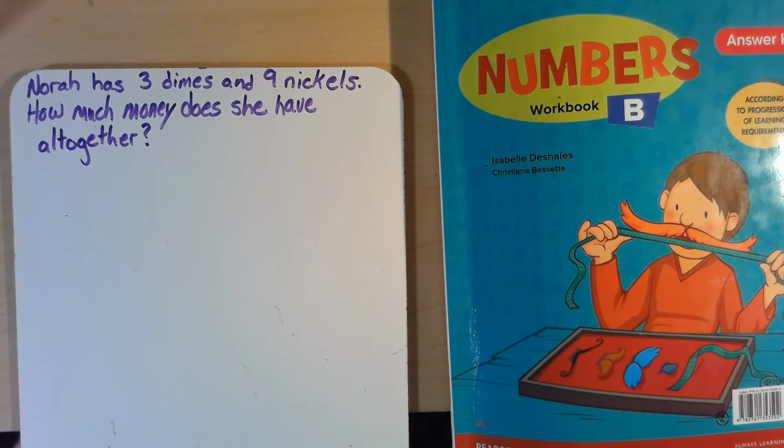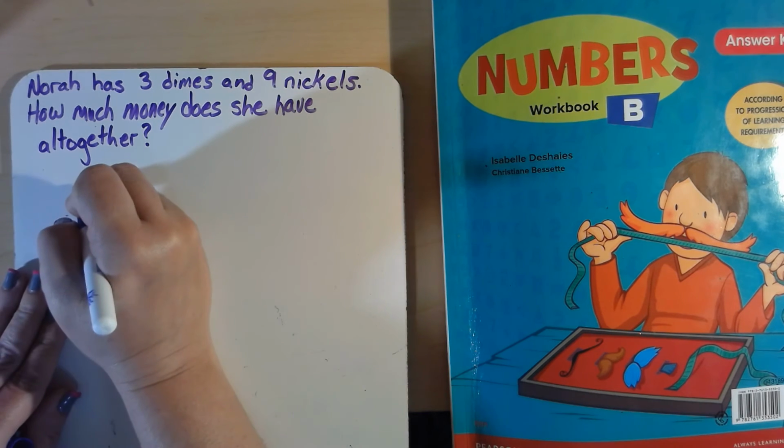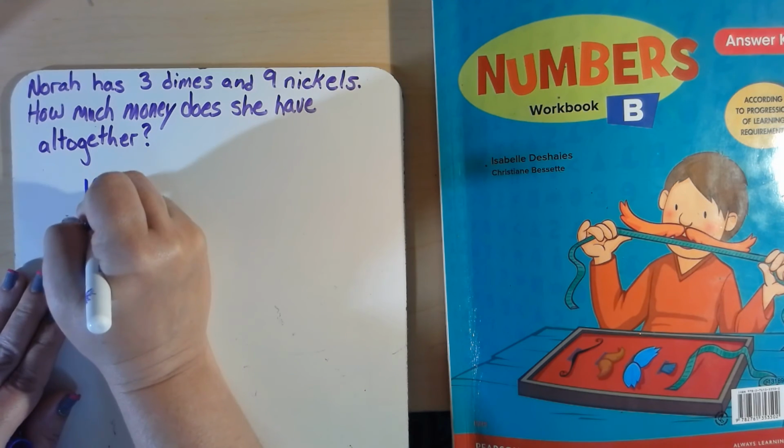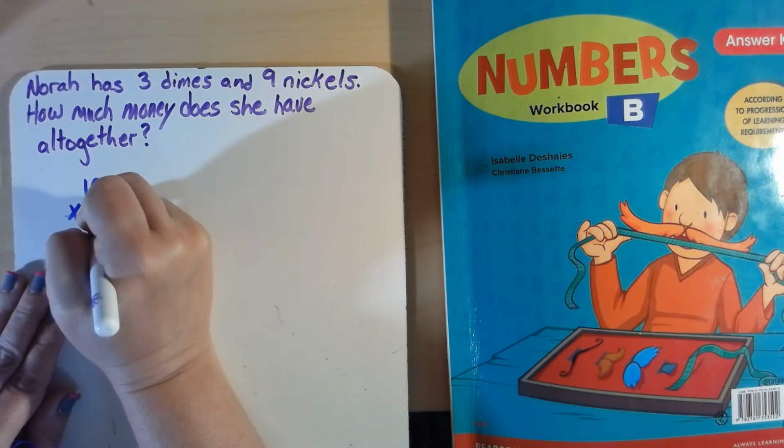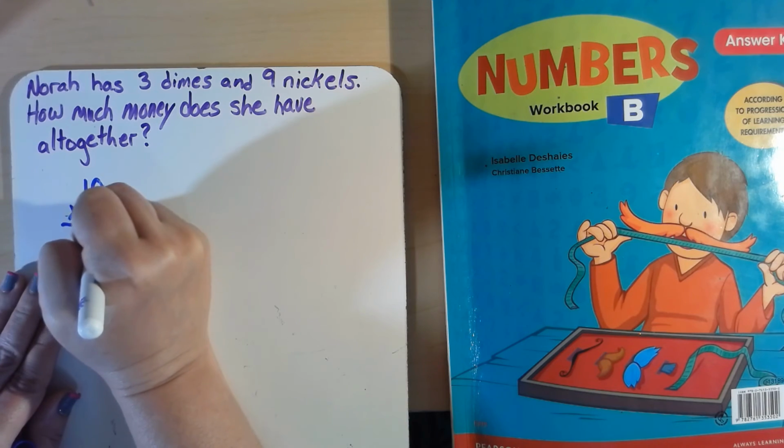What information do you need to know to solve this problem? Well, you need to know how much a dime is worth, and you need to know how much a nickel is worth. How much is a dime worth? Yeah, 10 cents. So I'm going to take my 10 and multiply it by 3.